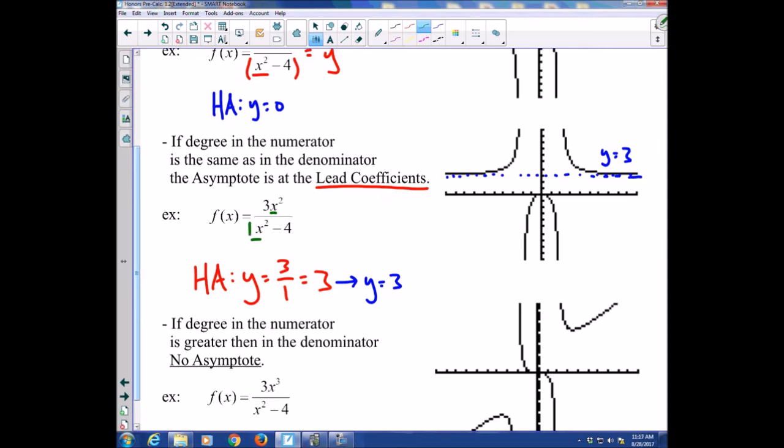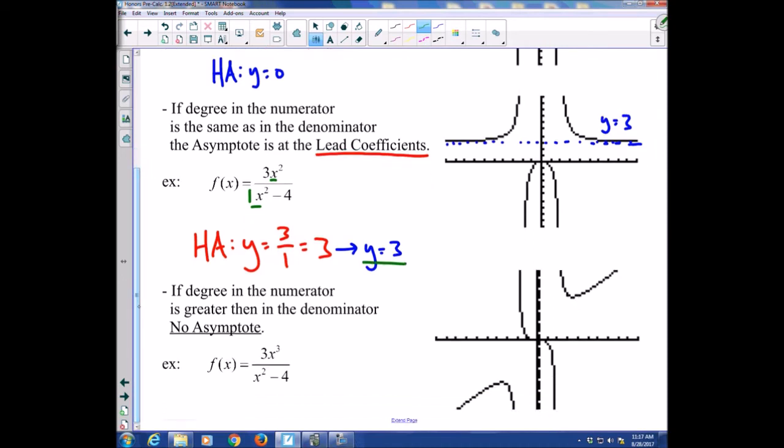So really we're getting closer and closer to 3 times a number divided by 1 times a number, right? And basically, as x values get larger and larger, we're getting closer and closer to 3 divided by 1, which gives us y values getting closer and closer to 3.